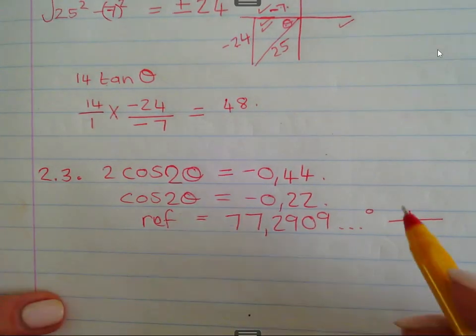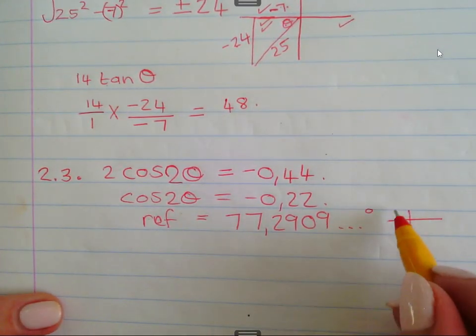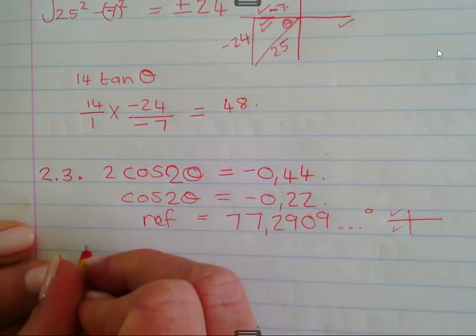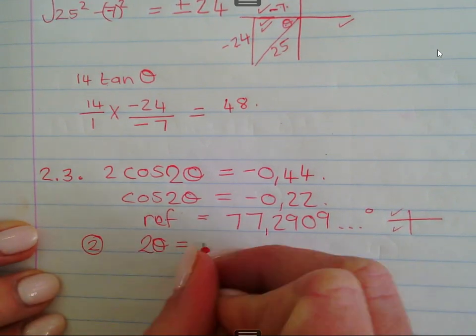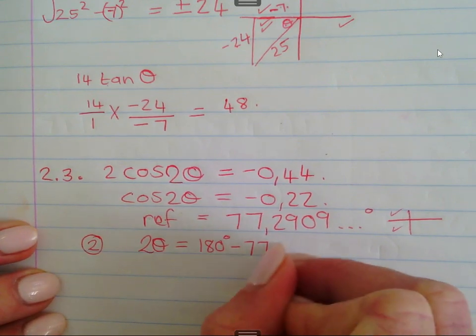Going to the cos diagram, in die cos diagram, so jy sien dat cos is negatief in die tweede en in die derde kwadrant, so die antwoord in die tweede kwadrant sal dan wees 2 theta gelyk aan 180 grade minus 77,29.